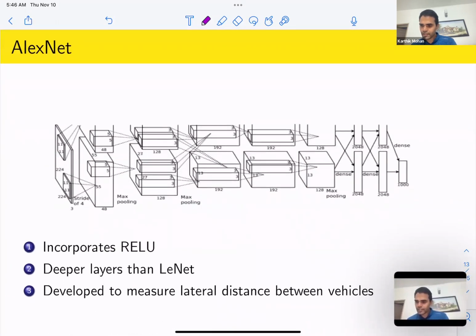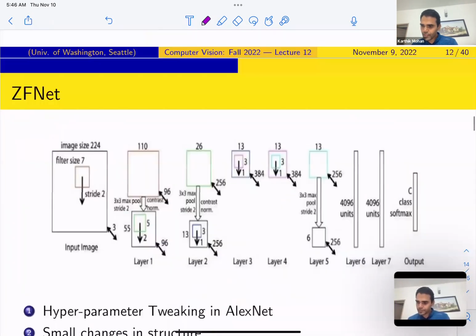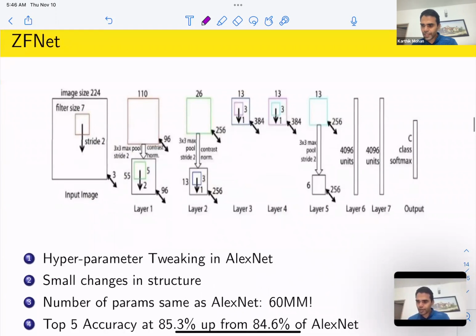So AlexNet is a direct improvement on LeNet, and has deeper layers, and it incorporates ReLU. So these are two changes. And then ZFNet is an improvement on AlexNet. As we discussed last time, it's mostly hyperparameter tuning or tweaking in the AlexNet.